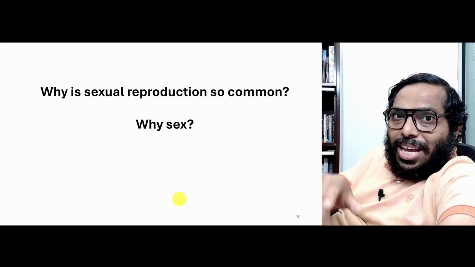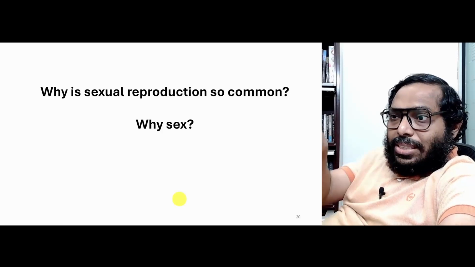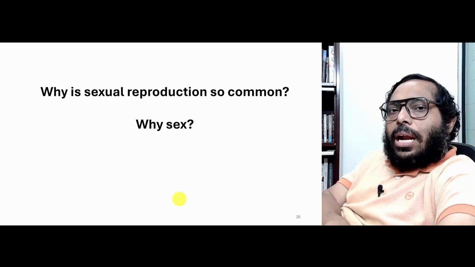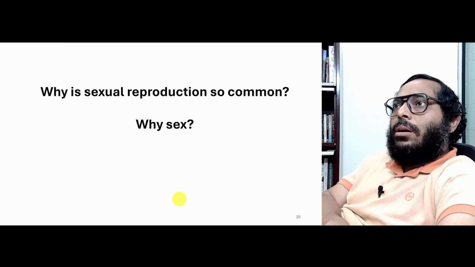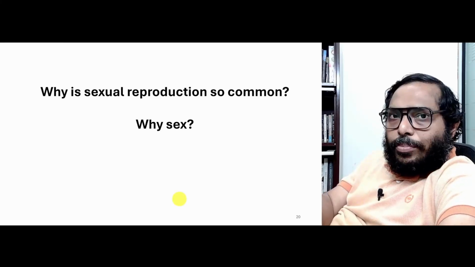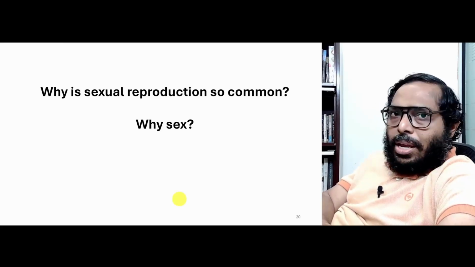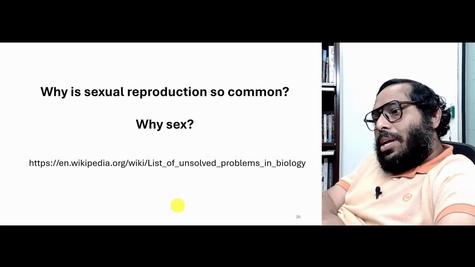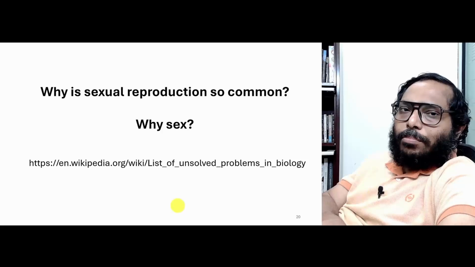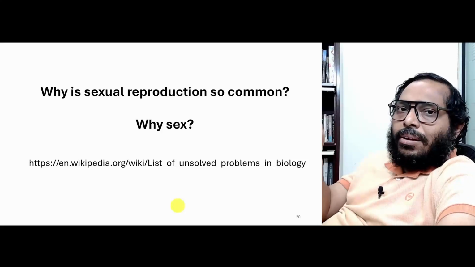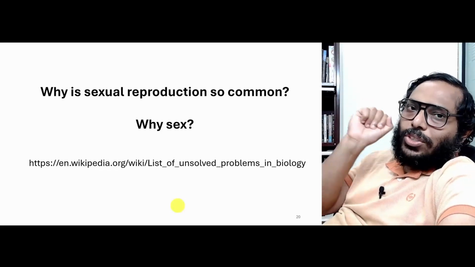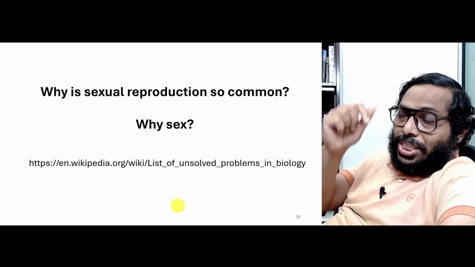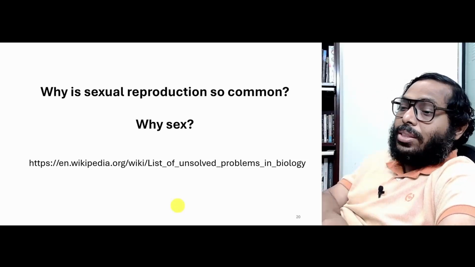So, when biologists ask this question, why sex, that is what they mean: why is it so common? And it turns out that this is one of the biggest unsolved problems in biology. I am not exaggerating; you can actually go to the Wikipedia list of unsolved problems in biology and you will find this question over there. Why is sexual reproduction so common? By the way, you will also find the question of aging, which we discussed last week, on that list.